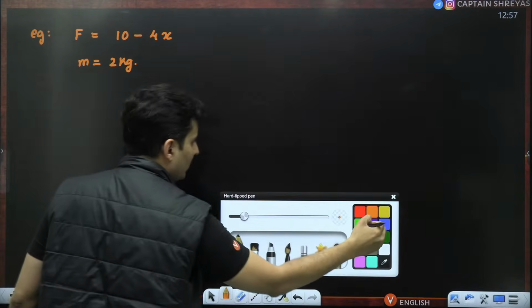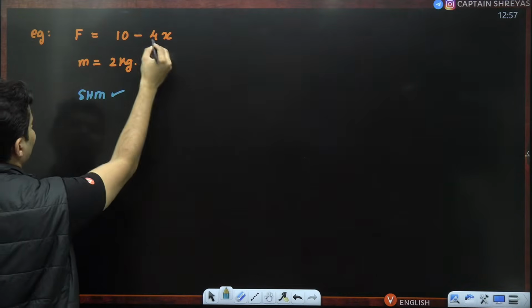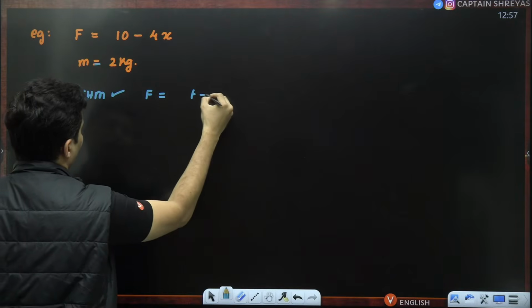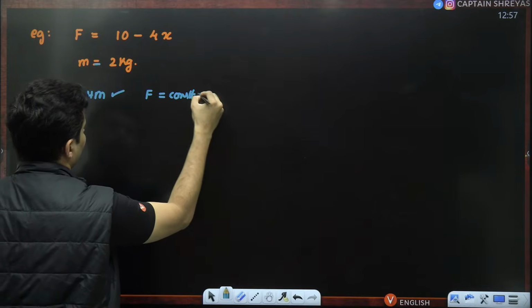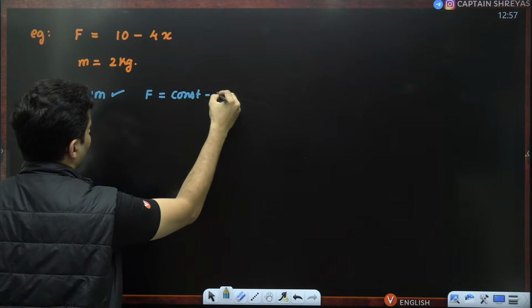You don't even have to think too much. It is definitely a SHM because it is of the form F is equal to constant minus kx.